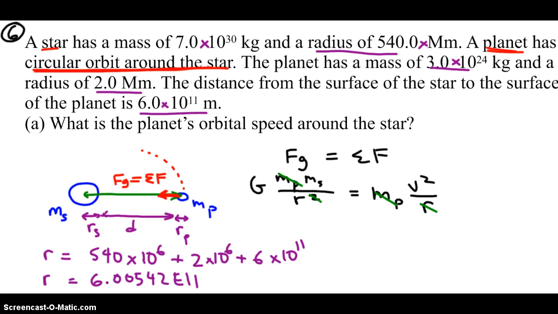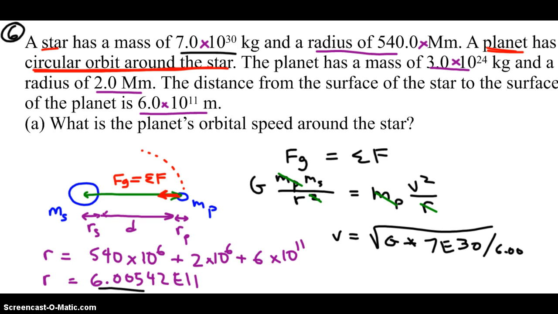One of the r's cancel. And speed is going to be the square root of G times the mass of the star. See that? We're using the star's mass, which is 7e30 from above. And all of that is over the total r, which is this value. Let's just call it 6.005 E11.